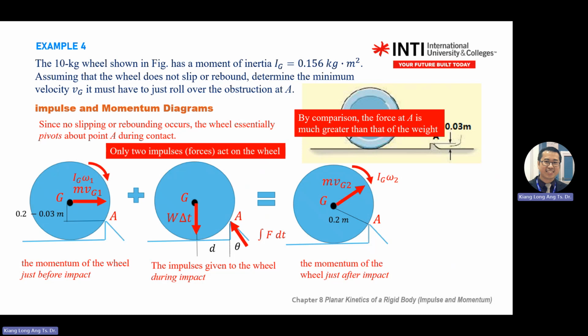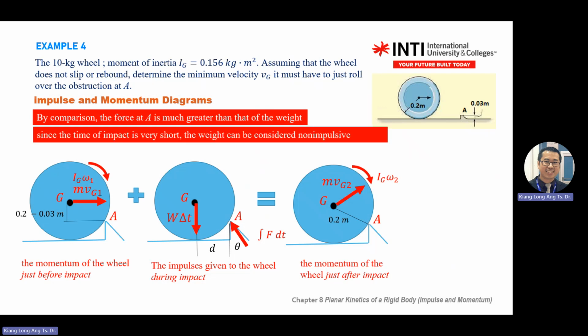This is just to tell you that the force at A in this direction will be bigger than your weight. How do you know? You split this one with the angle, and the y-component must be bigger than your W. This is just an introduction, some explanation.